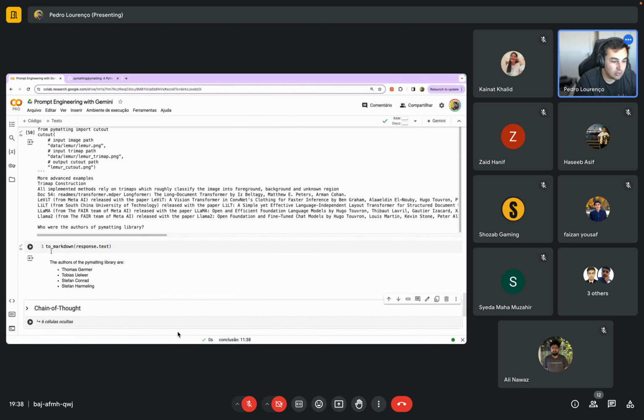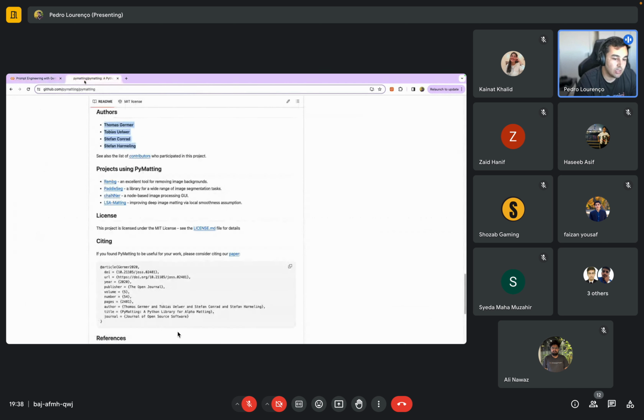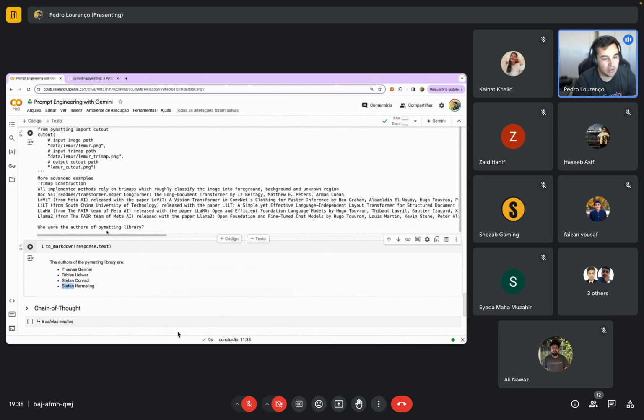So now that we provided some external knowledge to the model, we were able to generate the right answer without hallucination. So this is the magic of retrieval augmented generation. And you can replicate this using your own documents, and you see how easy it is to make it work.